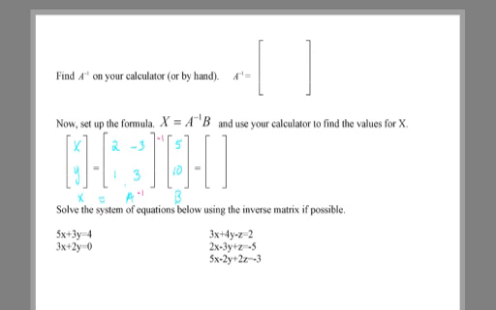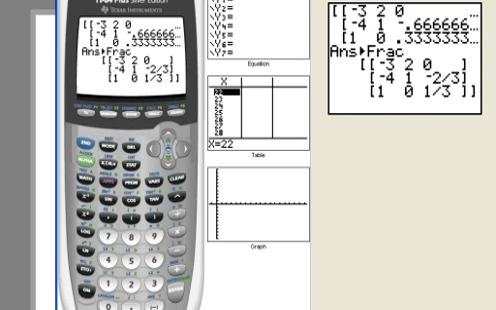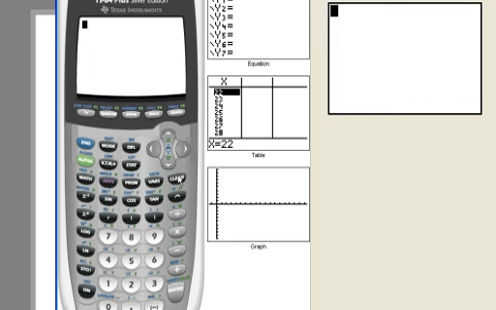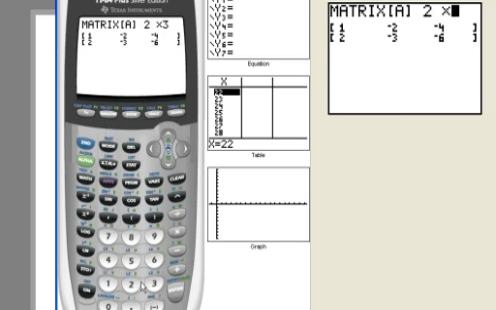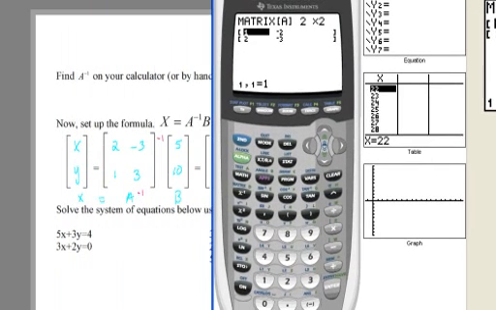Let's go to our calculator. What we're going to have to put in our calculator is matrix A, matrix B, and then let the calculator find A inverse times B. So let's clear out everything that we've done. Let's go to the matrix, and under Edit, let's go to A and input this matrix A that we extracted from our system of equations.